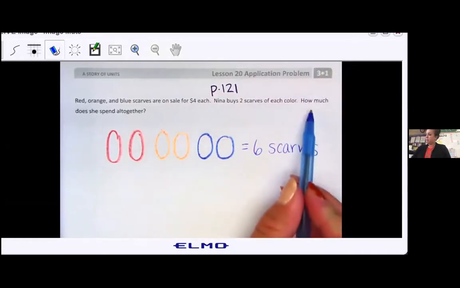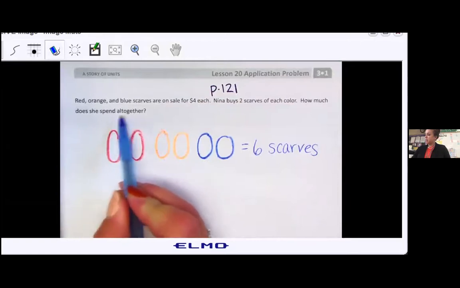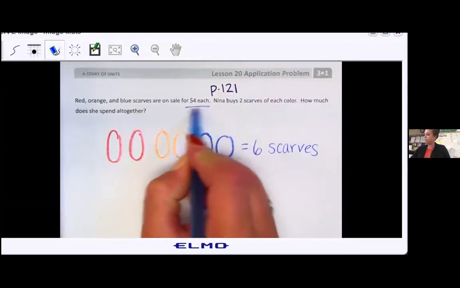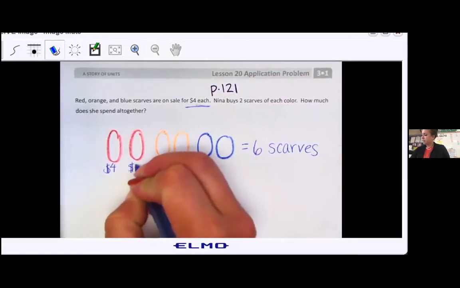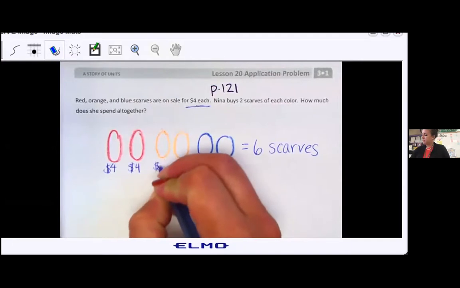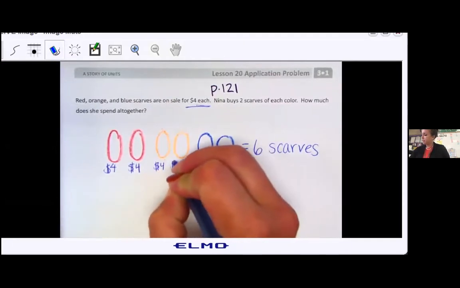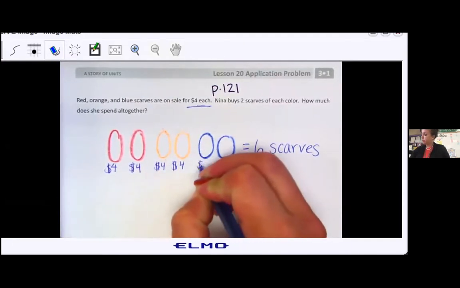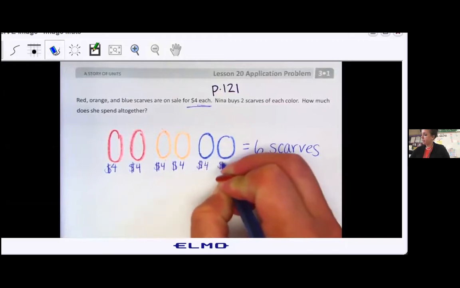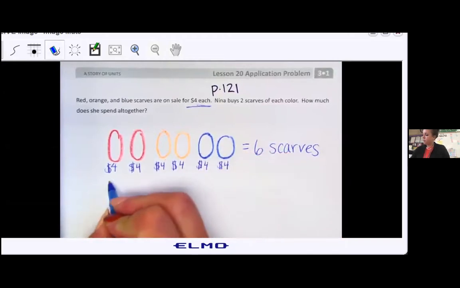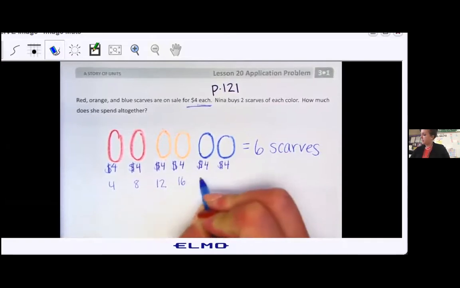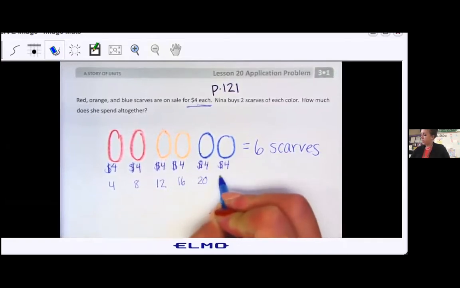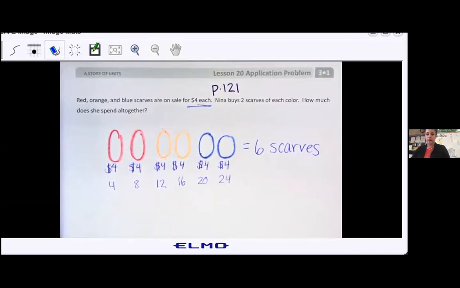But I want to know how much she spent, how much money. Oh, right here, they're each $4. So that's $4, $4, $4, $4, $4, $4, $4, 4, 8, 12, 16, 20, 24.